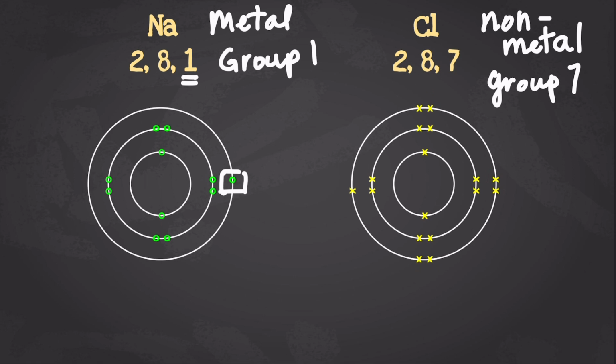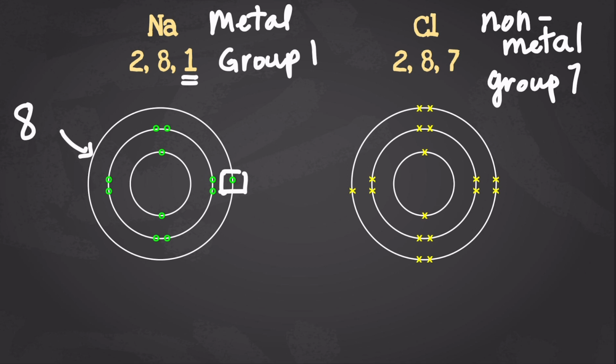So we know that the third shell can take a total of 8 electrons. And there's only one. So sodium needs 7 electrons. That's too much. It would rather just give away that extra electron.